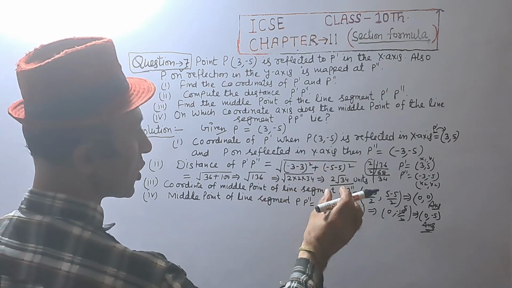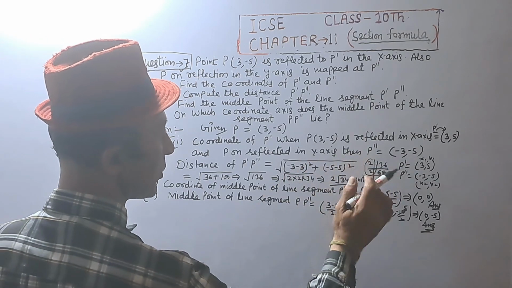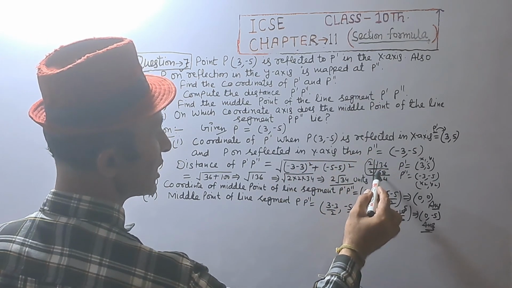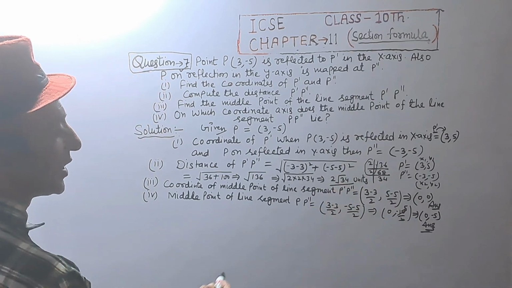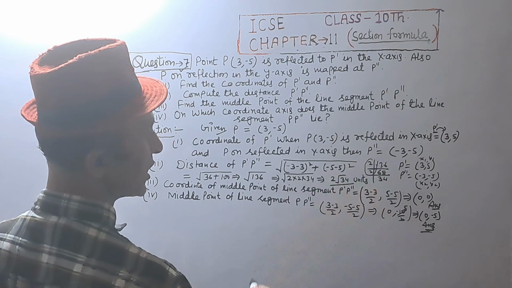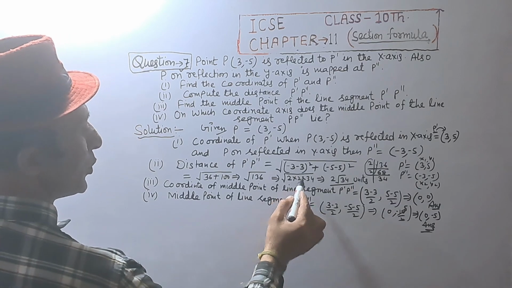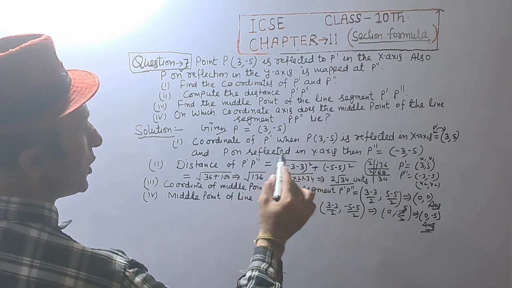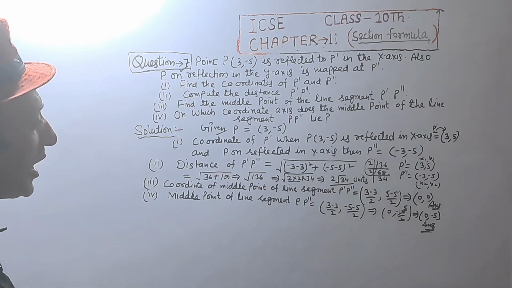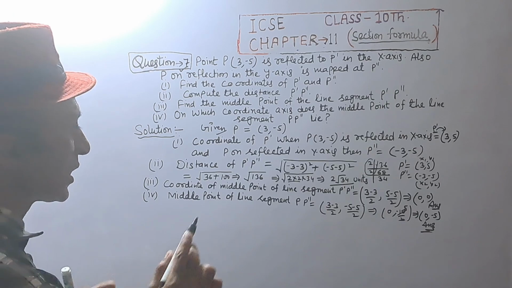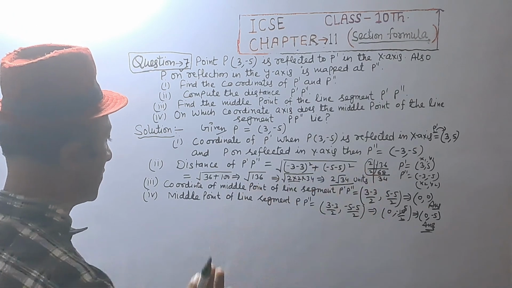Prime factors of 136: 2 times 68 is 136 and 2 times 34 is 68. That is equal to 2 into 2 into 34. One pair of 2 is taken common and we get 2 root 34 units. Answer.